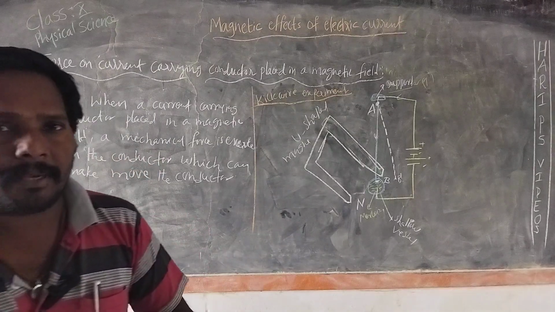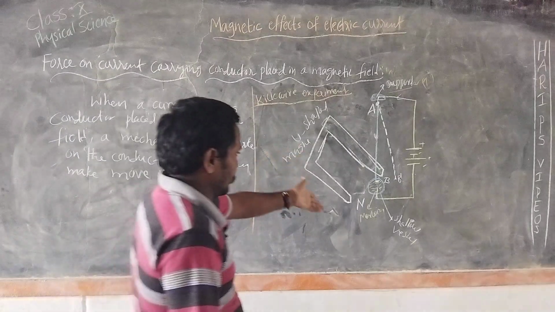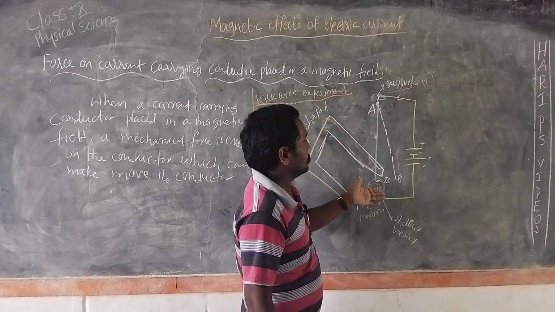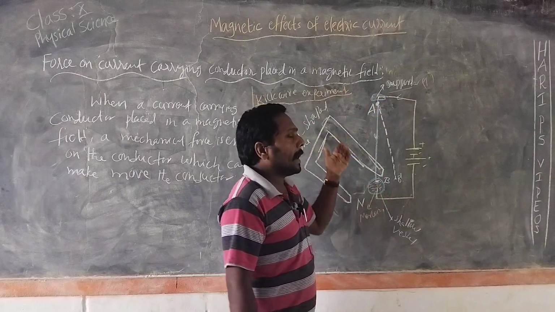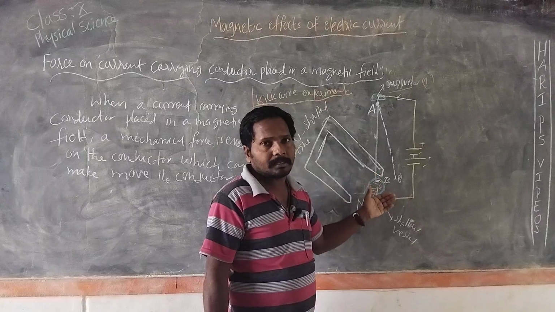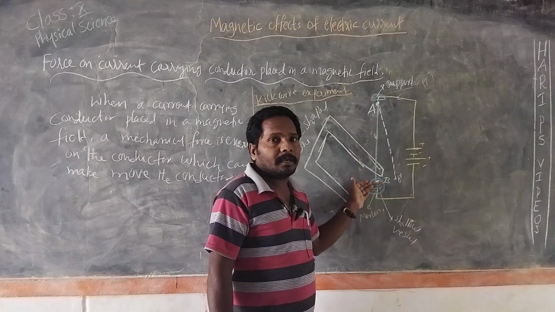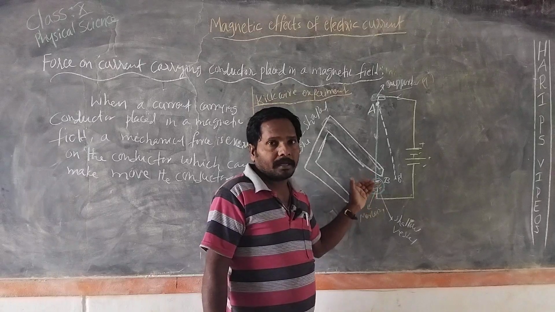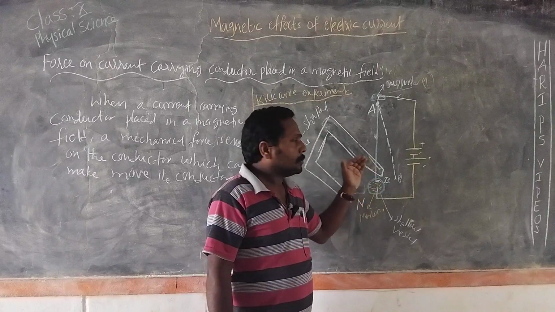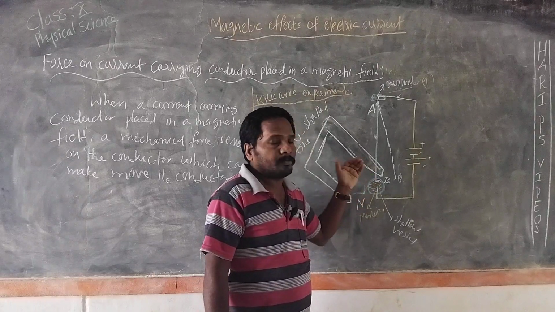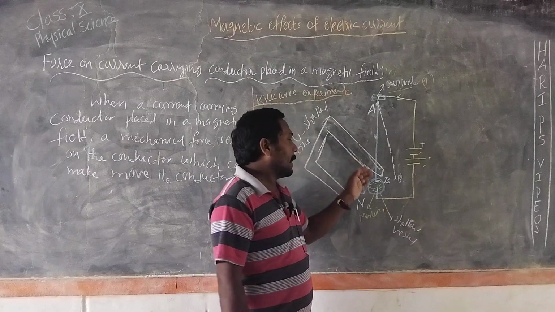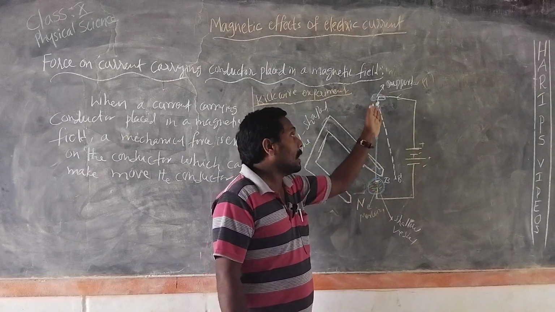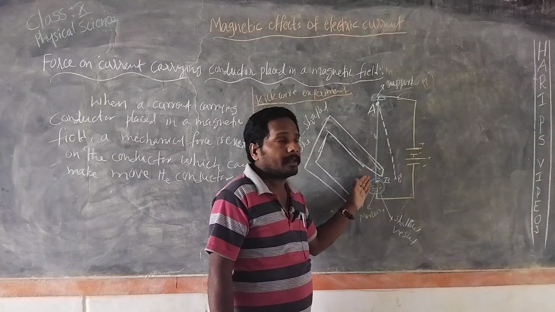So this happened. This movement of the wire is caused due to the magnetic field. Means the magnetic field produces some mechanical force on a current carrying wire.